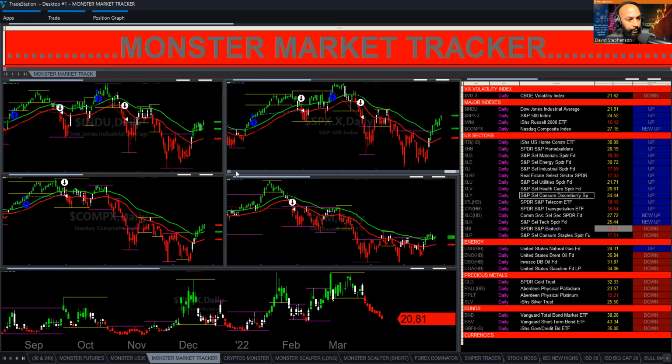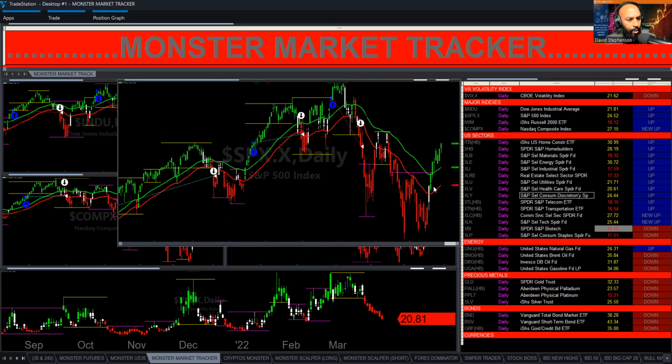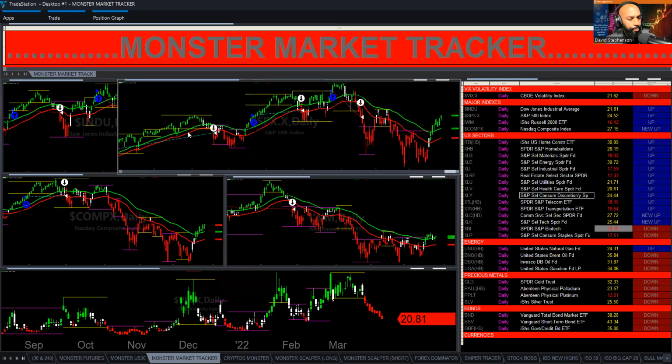The S&P looks really good. No buy signals, green candles though. We should get a buy signal real soon. This right here looks a lot like this right here. So the market looks a lot better. VIX is coming down.